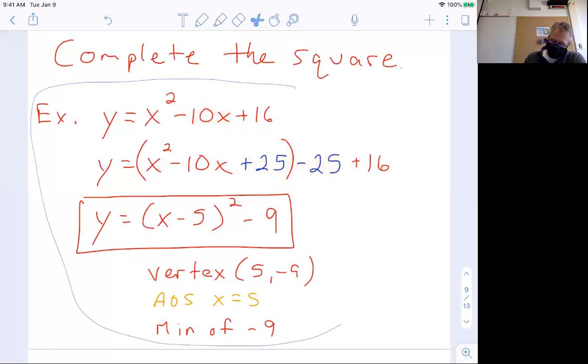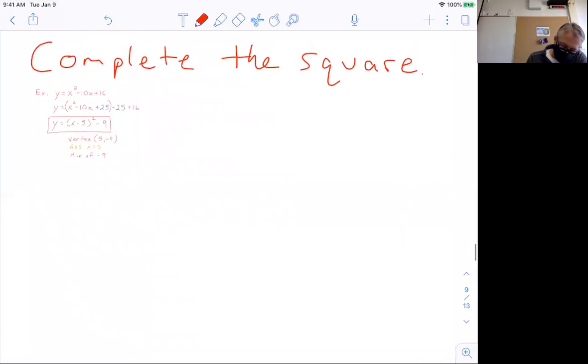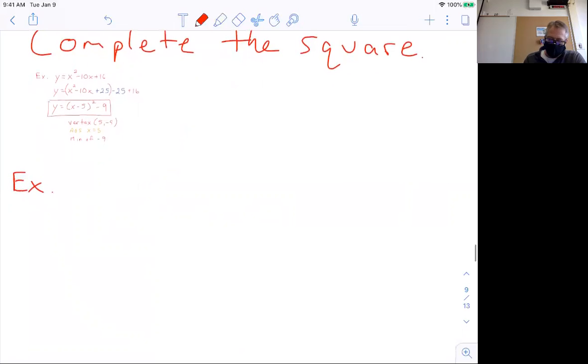All right, I'm going to shrink that way down because I'm going to do another example in this same kind of empty spot here. So we're going to do the same thing.